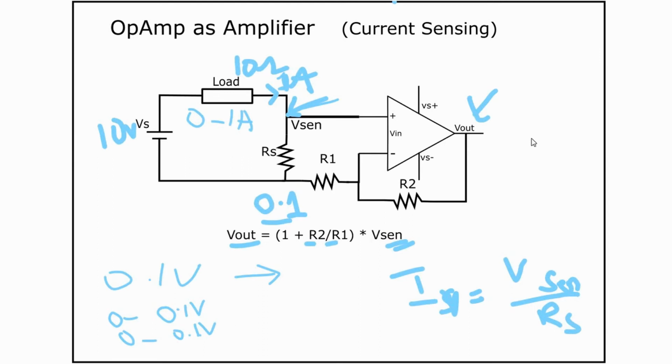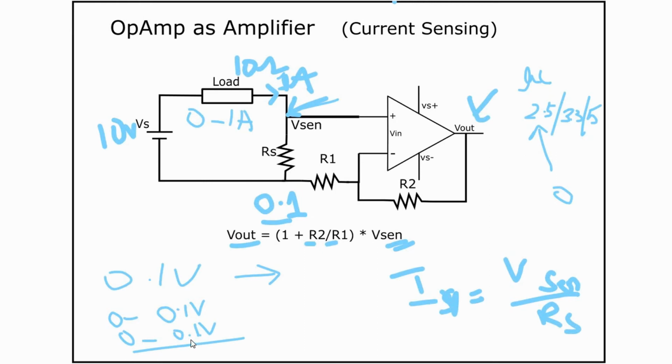But generally, a microcontroller ADC will be designed to take a scale from 0 volts to either 2.4, 2.5, or 3.3 or 5. So this 0 to 0.1 is way off the scale of 0 to 2.5 volts. So you will not get that good resolution.